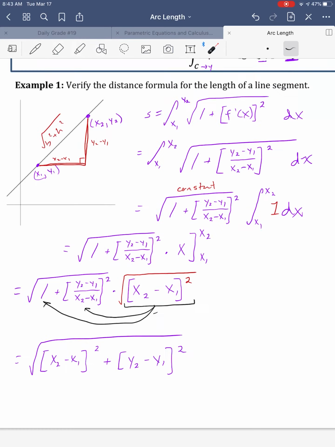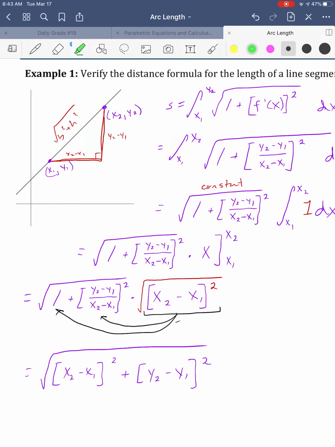All right, so now there's a little bit of an algebra trick here. What I've done is squared x2 minus x1, and I've taken the square root. So the net change there is none. The reason I did that is because now, since both portions of my product are under the radical, I can combine them under that radical.